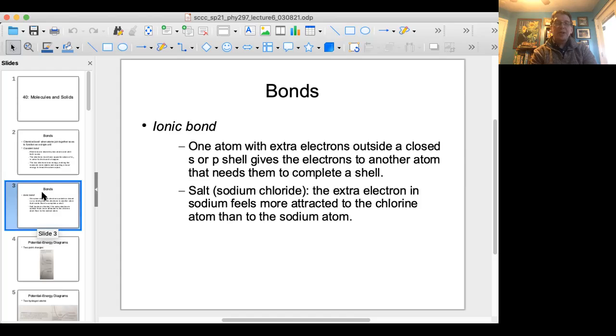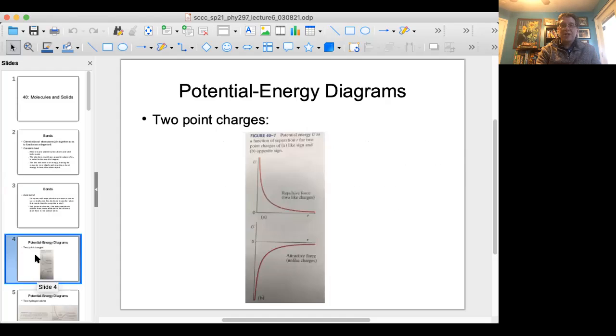So the extra electron in sodium feels more attracted to the chlorine atom than to its own sodium atom. But once the electron moves over to the chlorine atom, you now have a positive sodium ion and a negative chlorine ion. It's gained an extra electron. And so they're immediately attracted to each other. And so you have crystal structures that result.